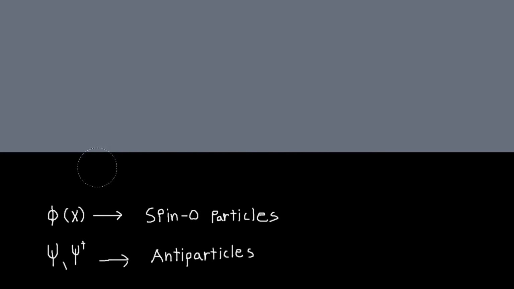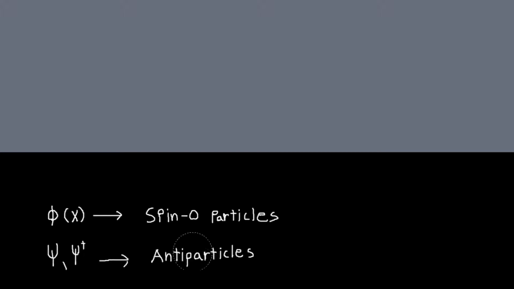And we saw that when we quantized the theory with this real scalar field, that just gave rise to excited states that looked like spin zero particles. And when we introduced complex scalar fields, we still got spin zero particles, but we also got antiparticles.